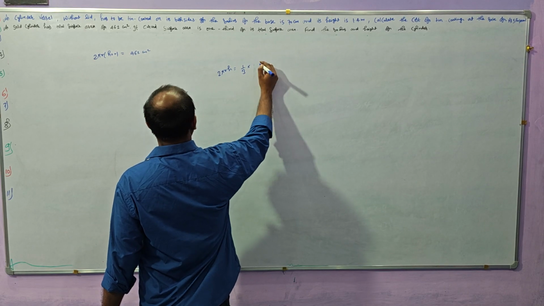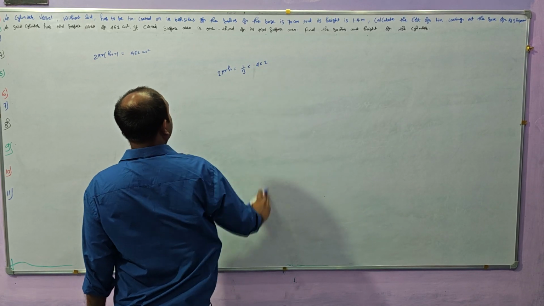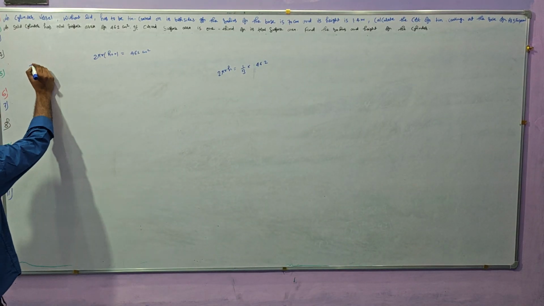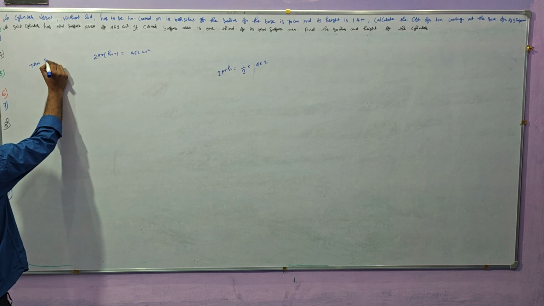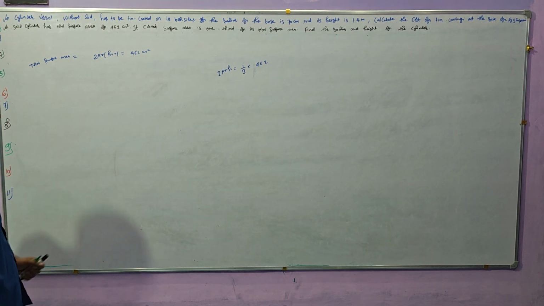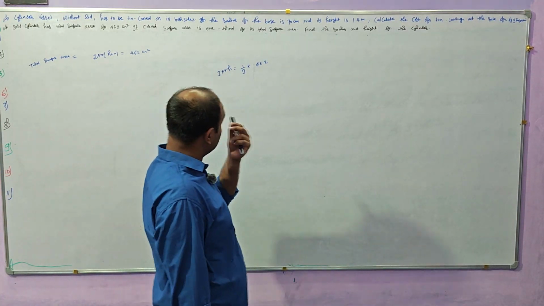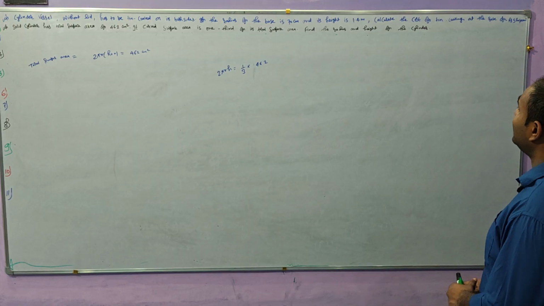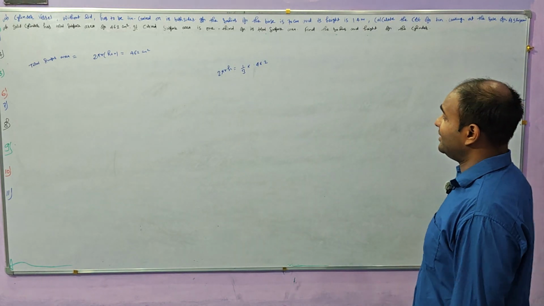That means we have 462 total surface area, so we need to find the radius and height of the cylinder.